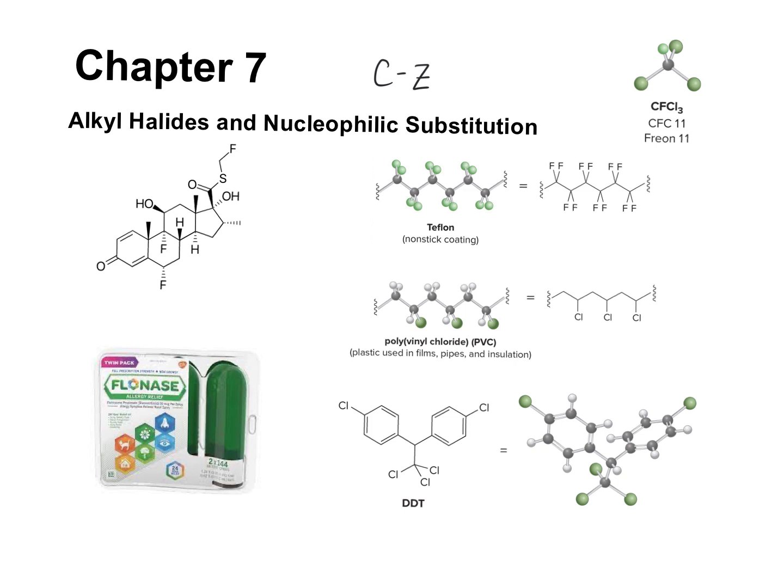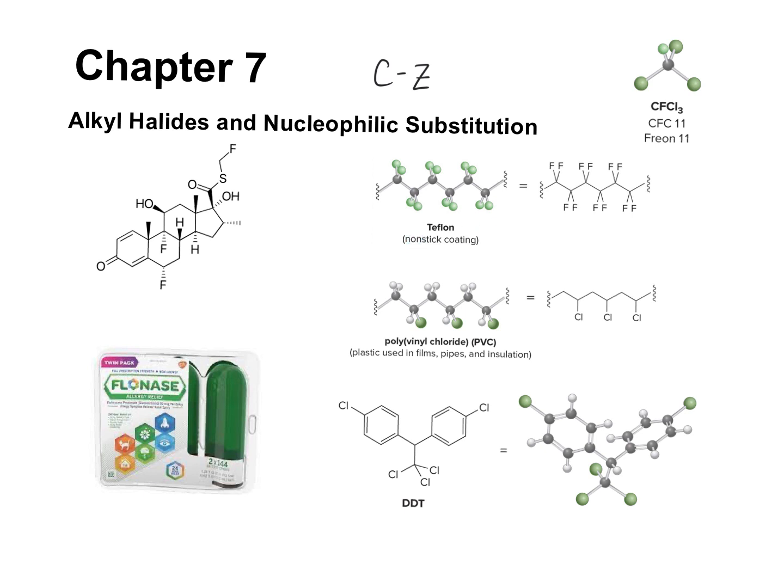Now, I've got some, what I think are, interesting alkyl halides here for you. So, for example, CFCl3 is a refrigerant that was really commonly used, and has been implicated in the issues with the hole in the ozone layer.